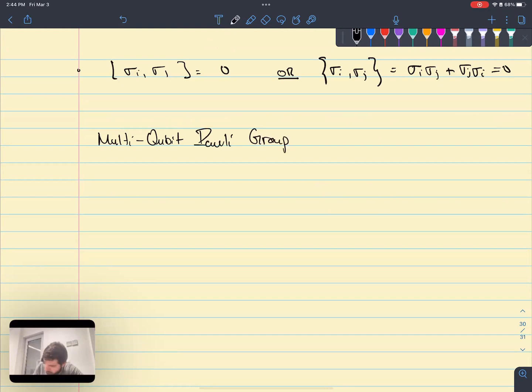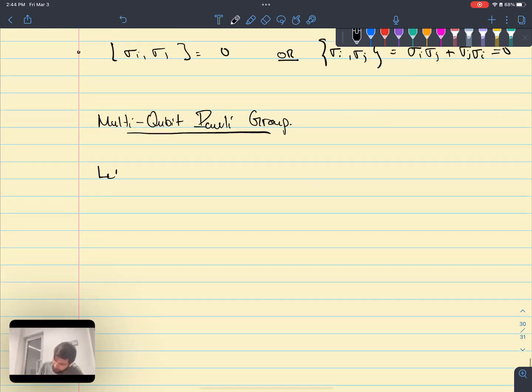So we can do something similar. This was just for a single qubit. We can define things also for many qubits. So let's take a Hilbert space, which is the Hilbert space for a single qubit, and tensor it n times for n qubits.